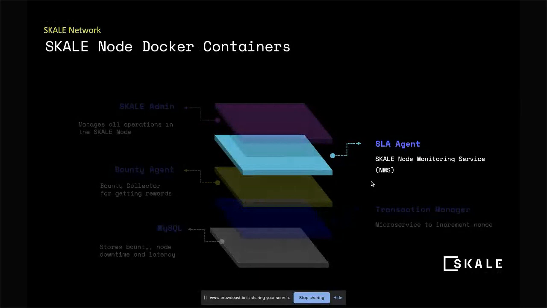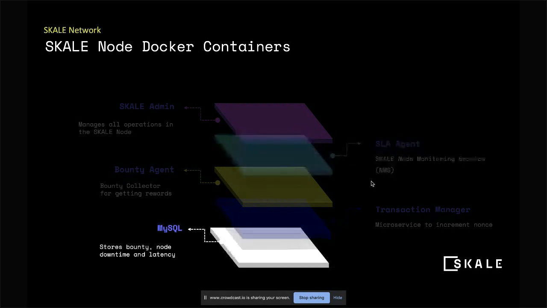The second container you're going to see is the SLA agent. As Christine mentioned, there's your node, it will be monitoring 24 other nodes, and 24 other nodes randomly picked by Scale manager will be monitoring you. It's a Scale monitoring service. So the SLA agent is going to hit those 24 nodes every 5 minutes, and then store this information, if there's a downtime or latency, in the MySQL database.